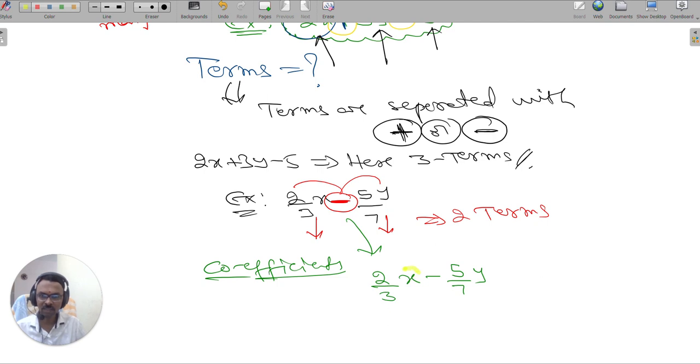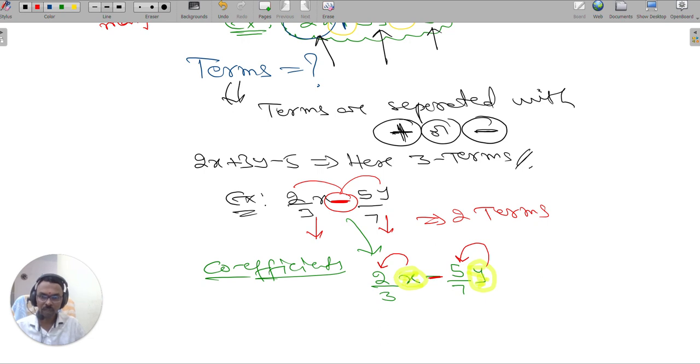Here the variable is x and the variable is y. The multiple of the variable: this variable's multiple is 2 by 3, this variable's multiple is minus 5 by 7, and we have to include that sign also.